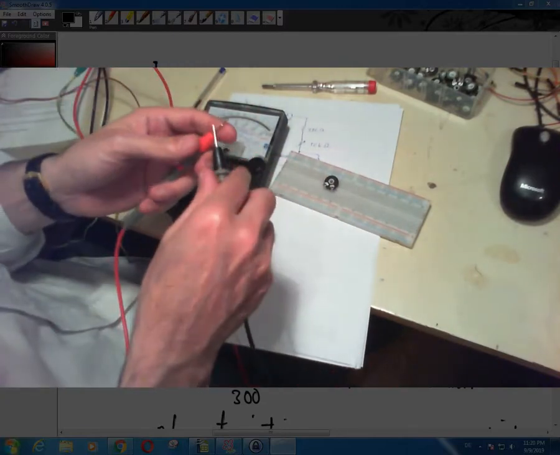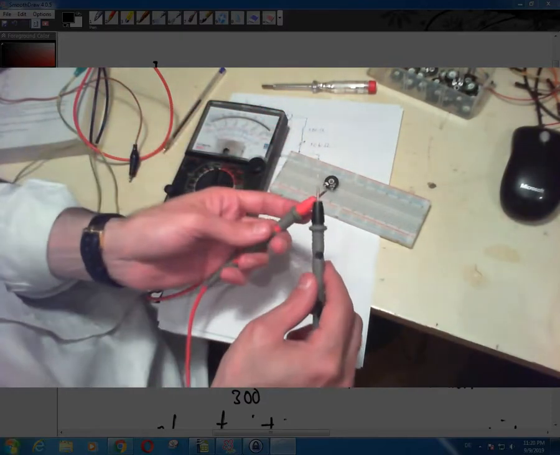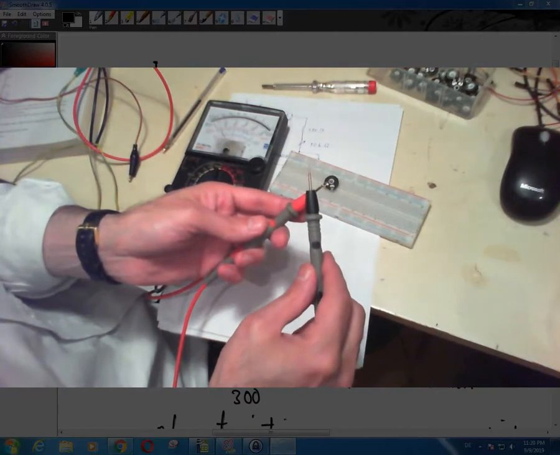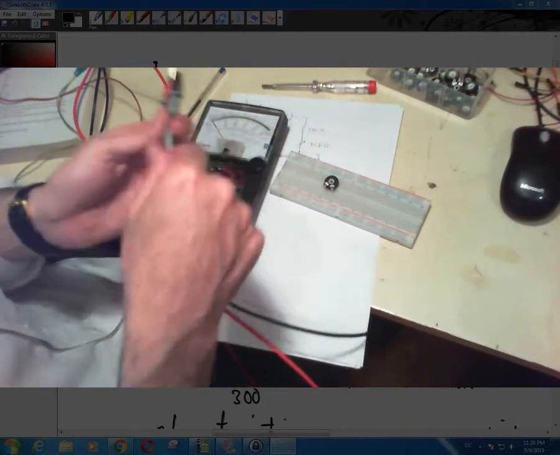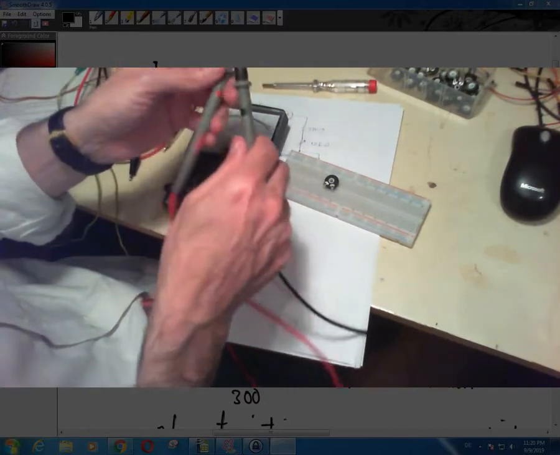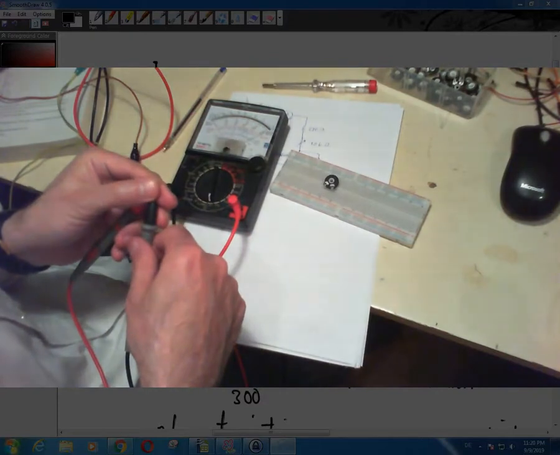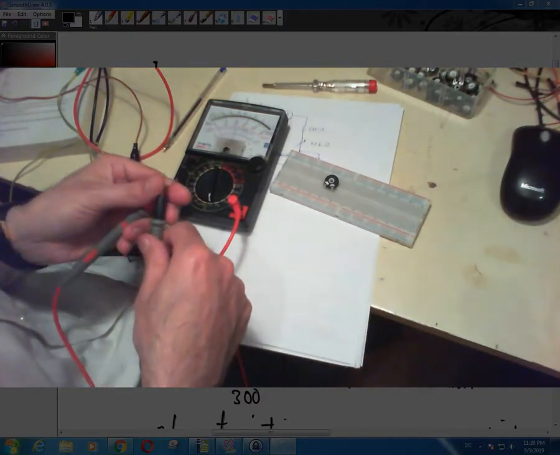So I set this to on, and if I connect these two leads together, you can see that this needle goes across this scale, meaning that things are connected or short-circuited.